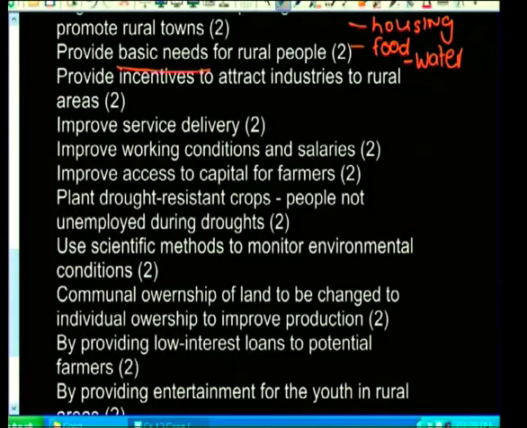Especially of those three, the provision of housing and the provision of water supplies are very, very essential in order to keep people living in a specific area. Improve service delivery, things like waste removal, flushing water, that kind of thing, provision of electricity. Those are all services which these rural areas require in order to encourage people to stay there.